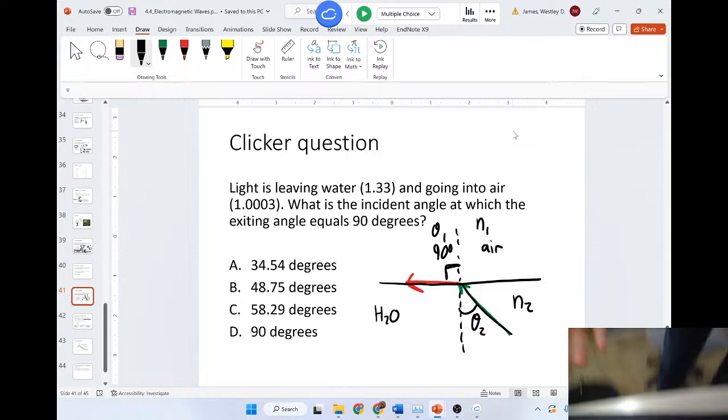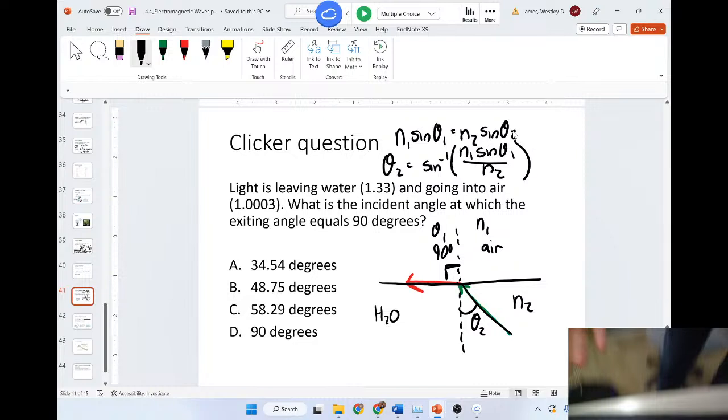And then the problem is almost identical to the last one we did, except now theta 1 is 90 instead of 60. So last time we showed that N1 sine theta 1 equals N2 sine theta 2. We solved for theta 2, which is exactly what we're doing here, and it was sine inverse of N1 sine of theta 1 over N2.